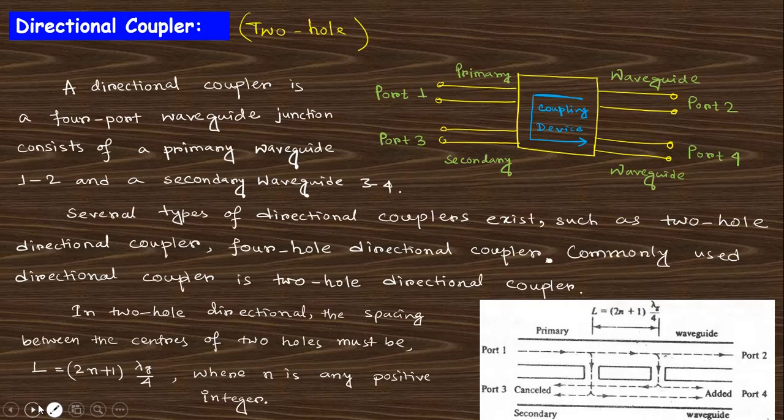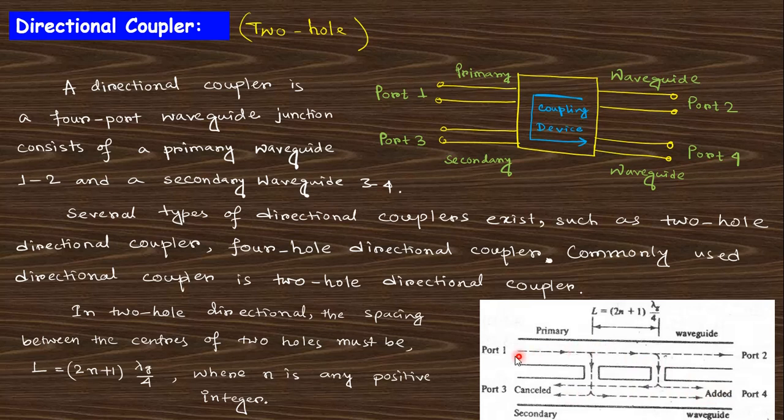Next one was the directional coupler. In this discussion we discussed the two hole directional coupler. A directional coupler is a 4-port waveguide junction consisting of a primary waveguide, which is port 1 and 2, and another secondary waveguide, port 3 and 4.